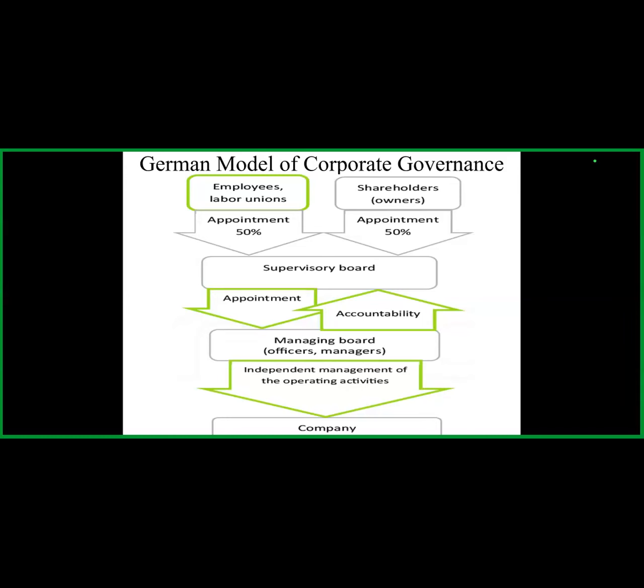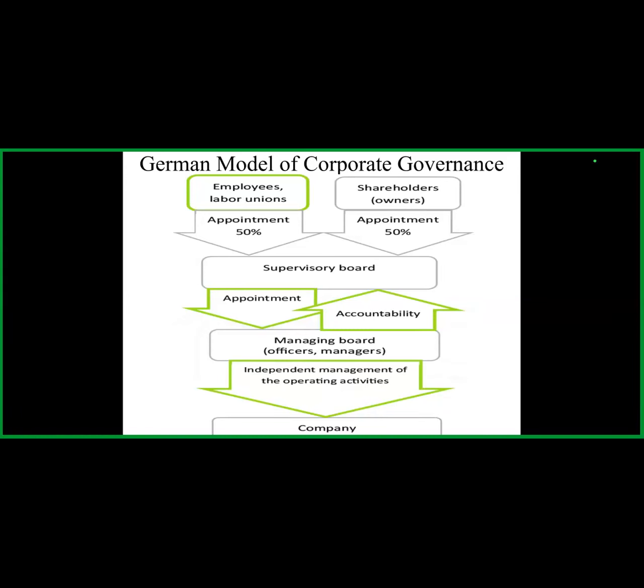At the end of the day, you have to see to it that the target is achieved. So this is the independent management of operational activities, and that is what is expected in a company implementing the German model of corporate governance.